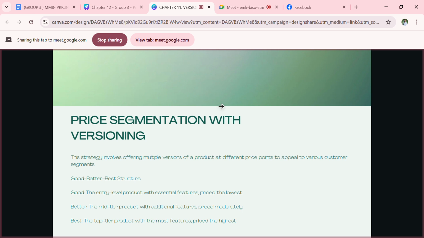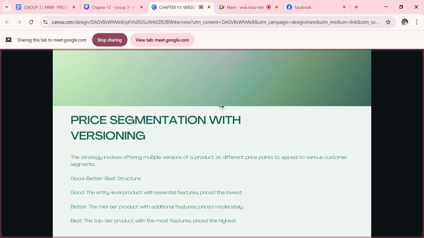So, the good version of price segmentation versioning means that these entry level versions offer the most basic features at the lowest price point.